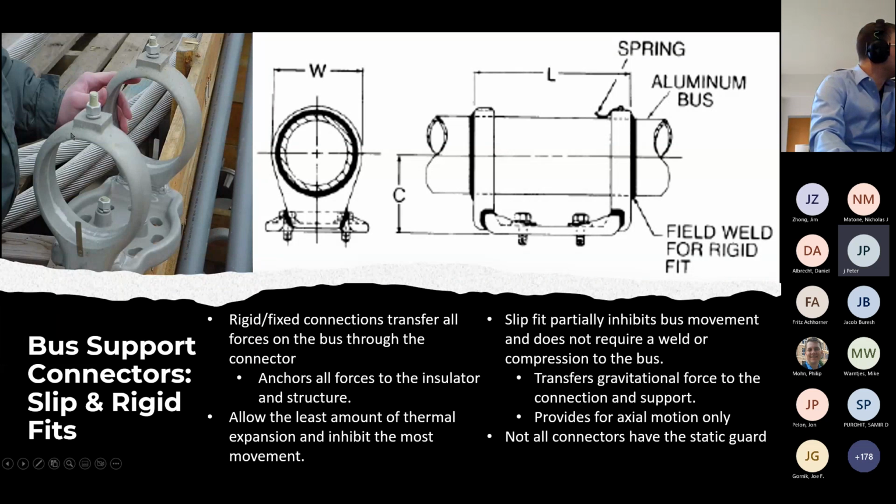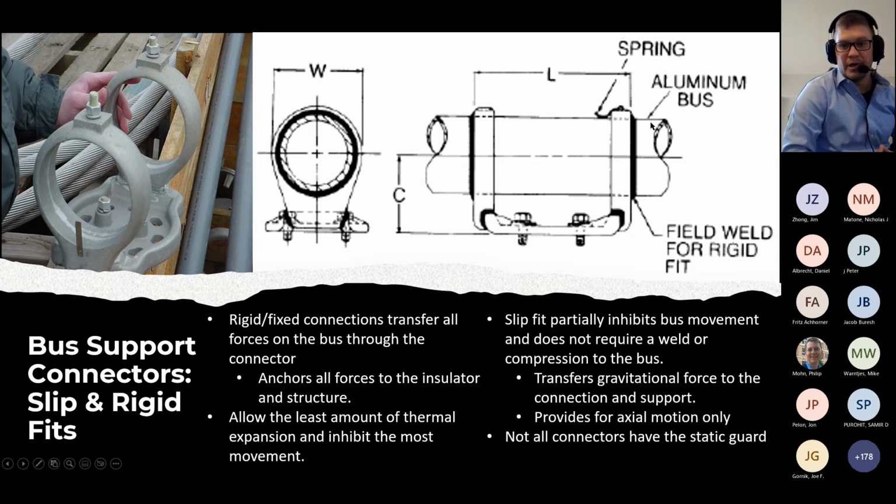Or I've also seen situations where this member can project outward a little, and then that would be a compression portion as well. But for this specific photo, you are correct. This could be one of those where you tighten the bolts down to pin the aluminum or the bus into place.